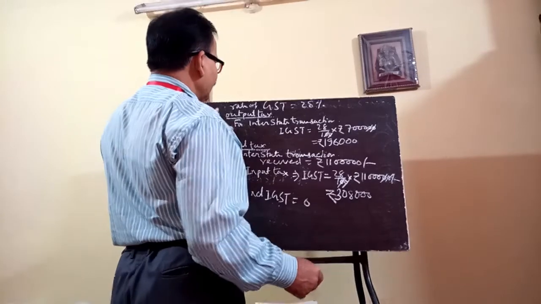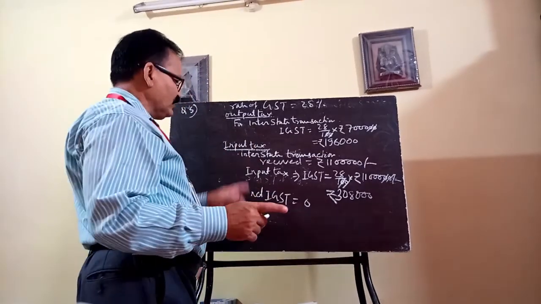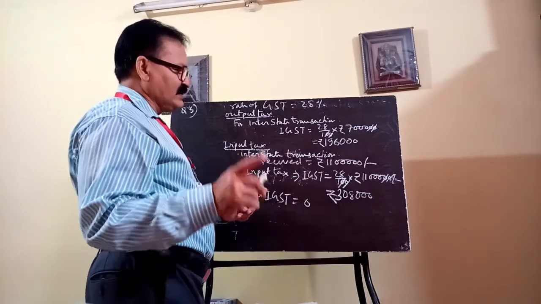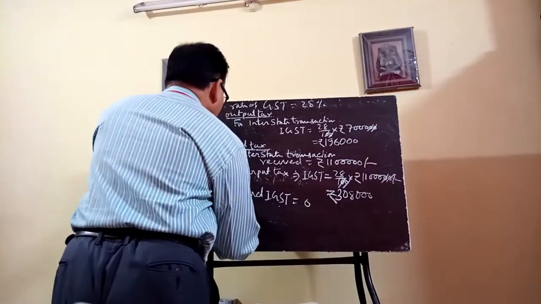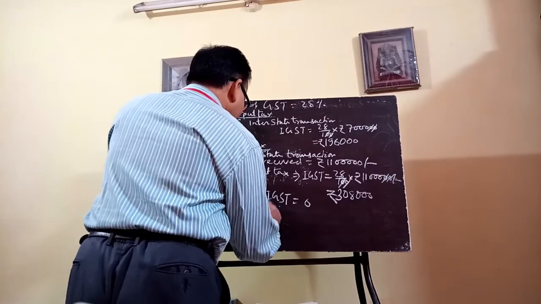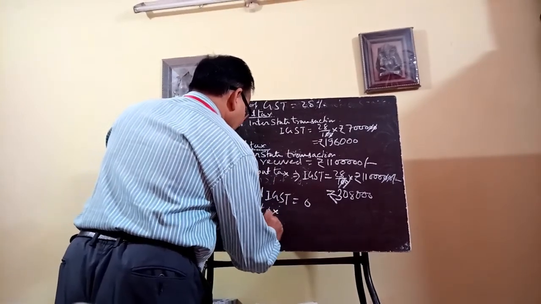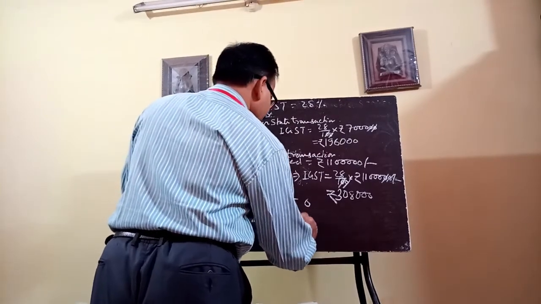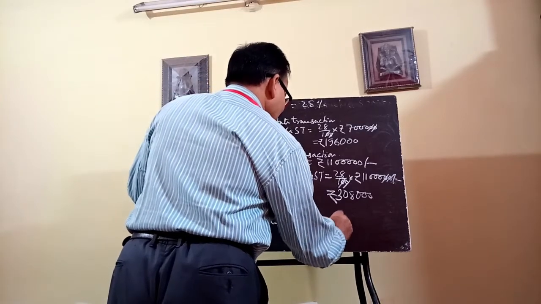Now I will again calculate the value of your intrastate transaction, that is the output tax calculation for the intrastate transaction.